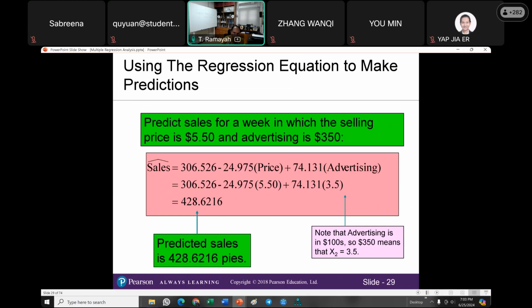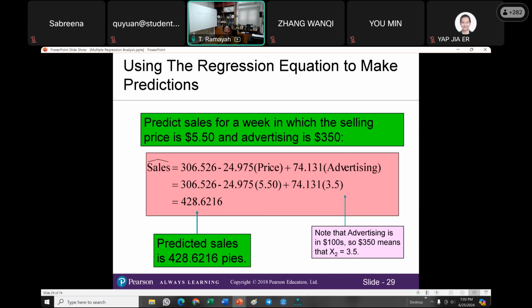Any questions on how to predict the sales when you are given the independent variable 1 and independent variable 2 values? Which you will also get during the final exam. Any questions on how to do this calculation?